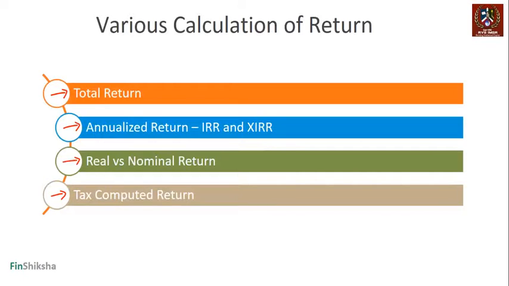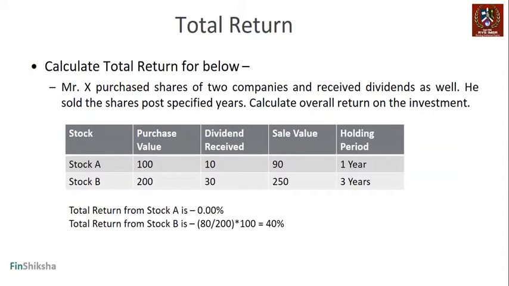Let's start with the first one, which is the concept of the total return on any instrument. Let's say we are trying to calculate two different return calculations for two different stocks. Mr. X purchased shares of two companies, received dividends and sold the shares after specified years. Calculate the overall return. In the first case, you purchased at 100, then you received 10 and you received 90.